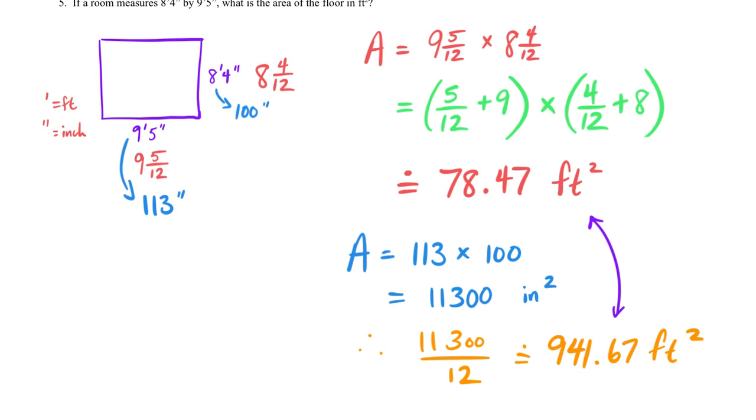Can I just get your attention on something that's going to be super important? My proper calculation was about 78 square feet. If I walked into a store and thought that I needed 941 square feet of material, I am probably going to be throwing away thousands of dollars because of my calculation error.